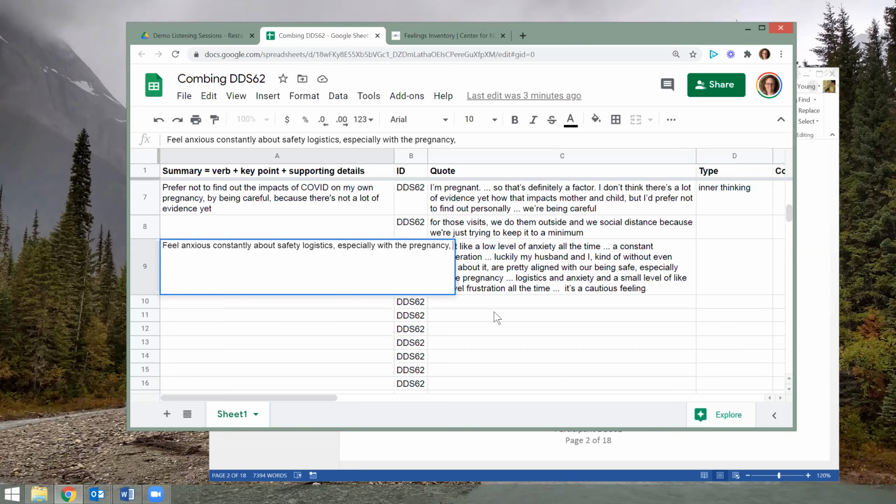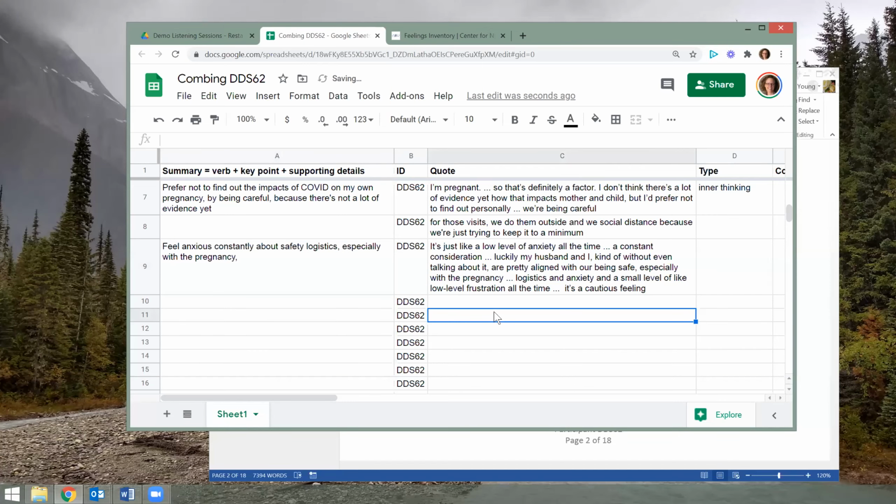And then she's got that, luckily my husband and I are aligned about it. Is that separate? Do I feel lucky? I don't know that she's like, oh yeah, God, I feel so lucky that we're aligned on it without even talking about it. And it does show up again later.